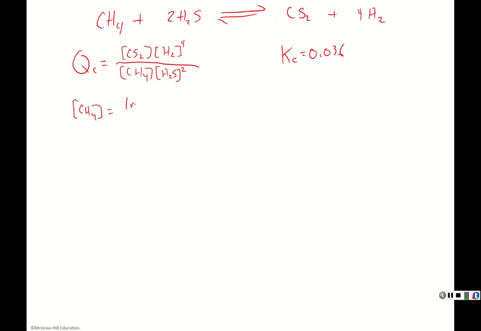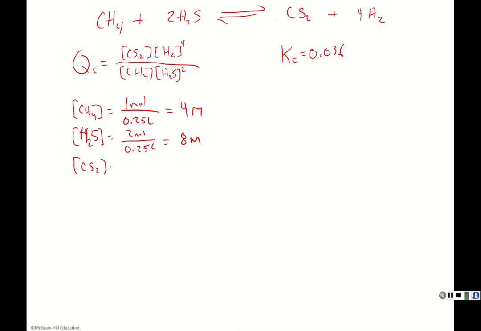We have 1 mole divided by 250 milliliters, which is just 0.25 liters. Okay, so that's 4 molar. H2S, that concentration would be 2 moles divided by the same volume, 0.25 liters. So that's 8 molar.